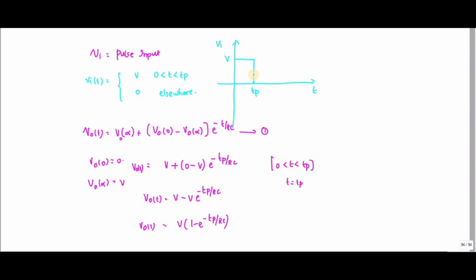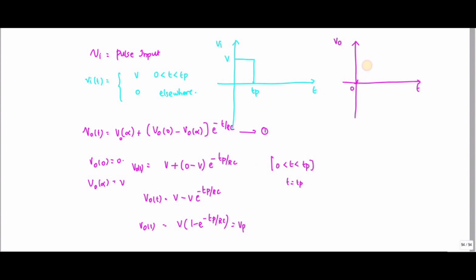So if this is the input signal which I am giving, the output I am going to get is V naught. Initially it is 0, as I have already mentioned. Initially it is at 0, and finally it is going to reach the value called Vp. So this 1 minus e power minus TP by RC is nothing but an exponential signal.